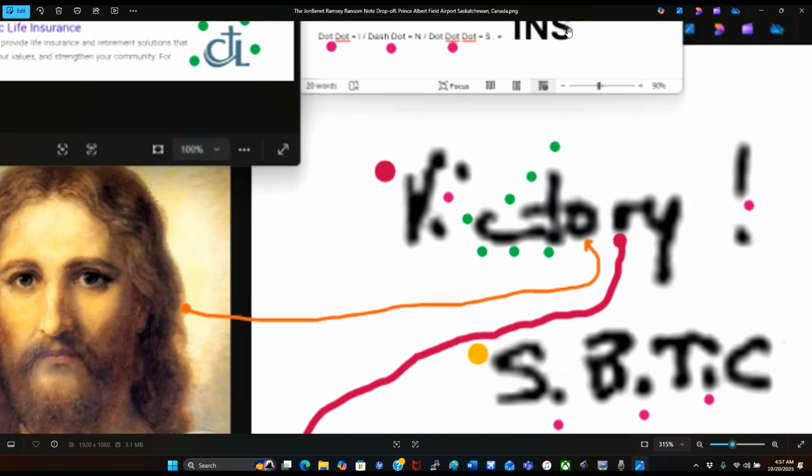I decided to put INSS together. And in SS, my first thought was some kind of Nazi stuff, secret service, whatever. And then I said, wait, stop. This is about the money.